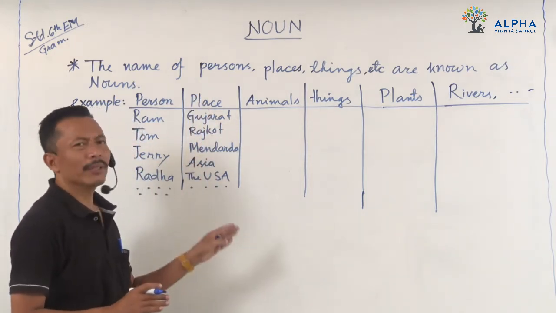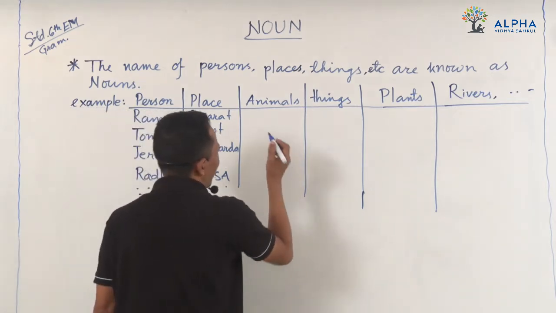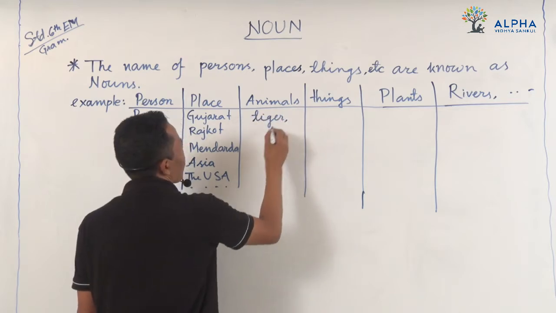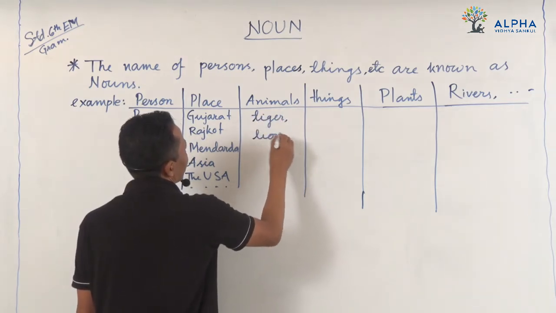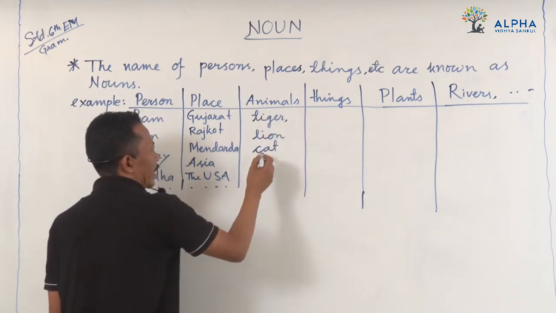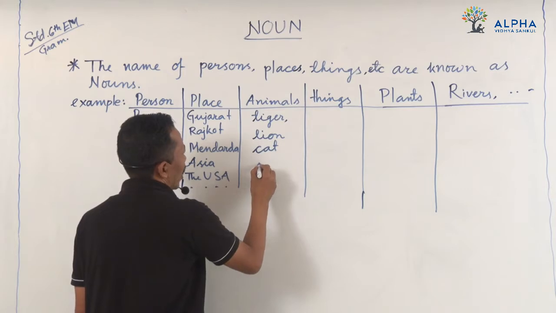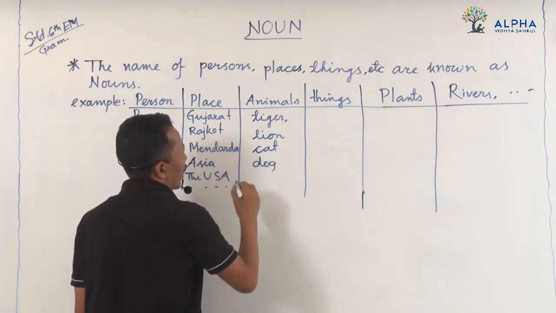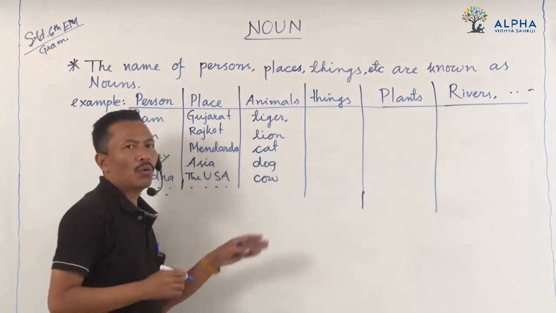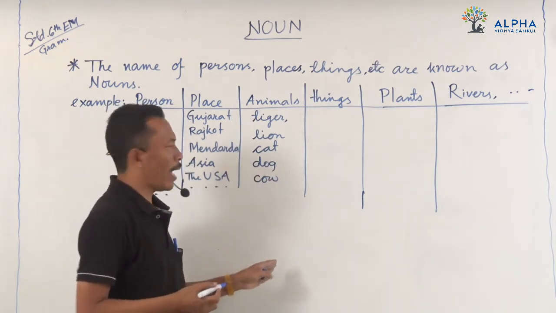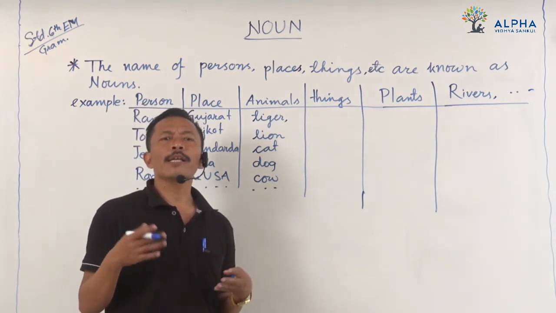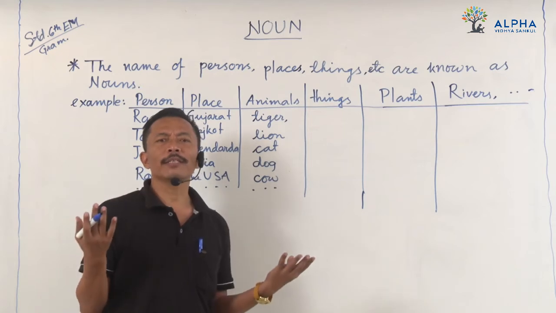Animals. You can say in animals, tiger, lion, the wild animals, cat, pet animals, dog, then domestic animals, cow, buffalo, horse, many more. I'm giving only some. There are lakhs, millions. There are so many things in this world.